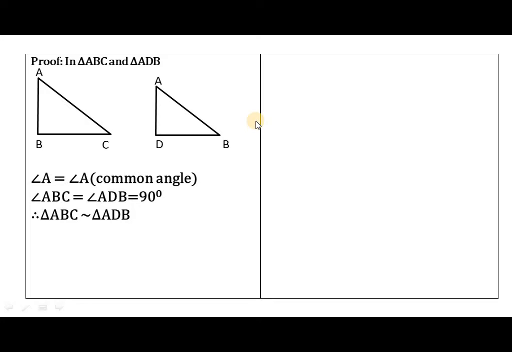If two triangles become similar, definitely the corresponding sides are in proportion.